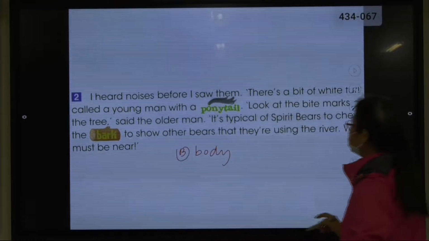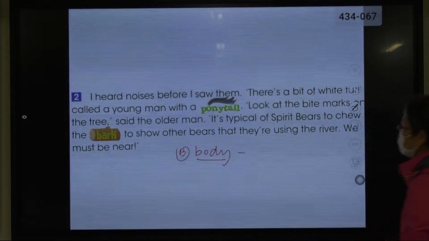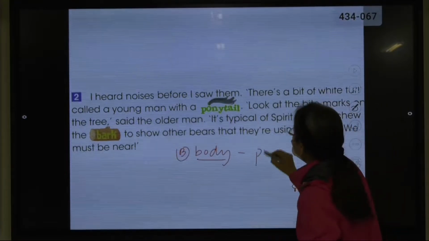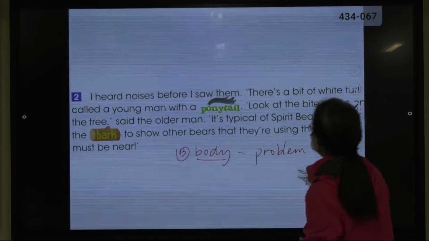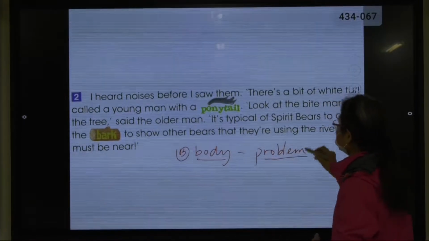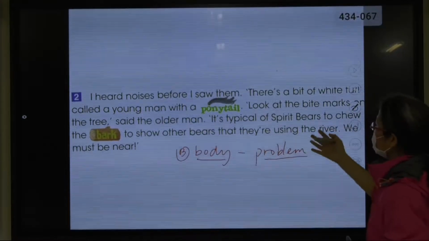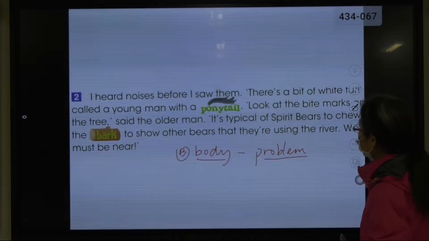Okay, paragraph 2 and 3 is the body. In the body, it tells you the problem faced by the character. So look at the story here. What is the problem of the ghost bear?